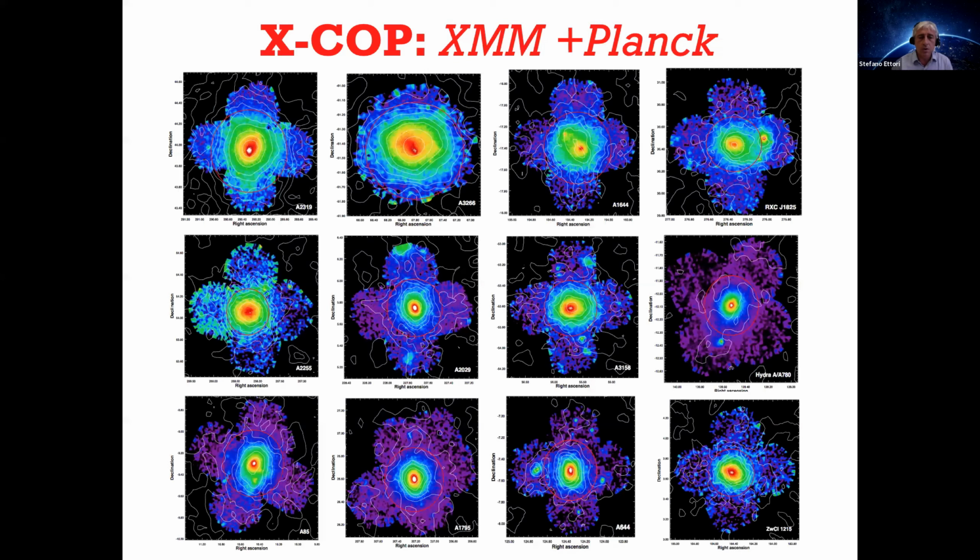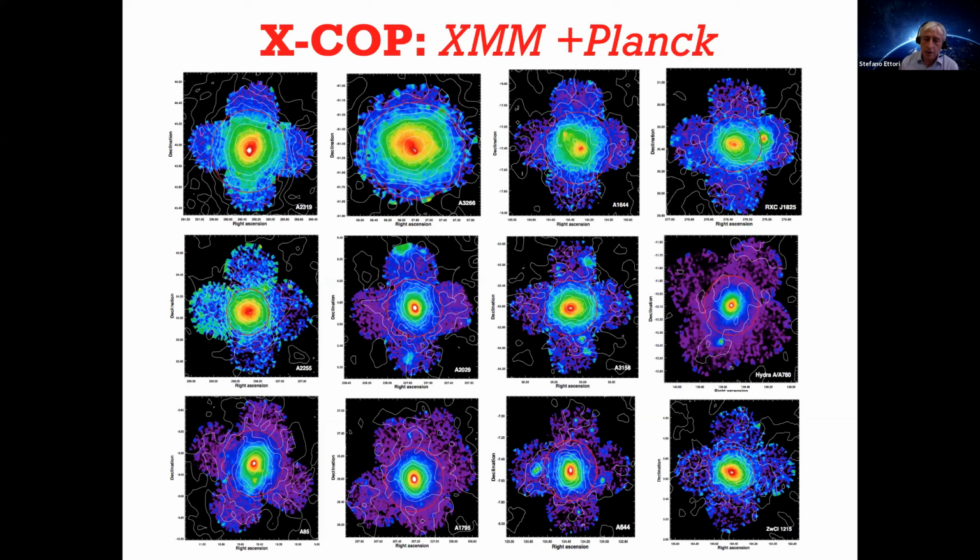So the purpose of our project, called XCOP, was to make a dedicated exposure of nearby massive systems to resolve the emission up to R200, and combine this emission with a Planck measurement up to a few times R200.